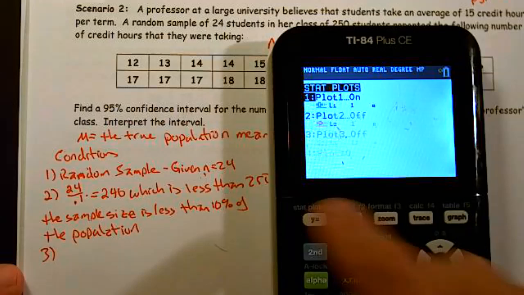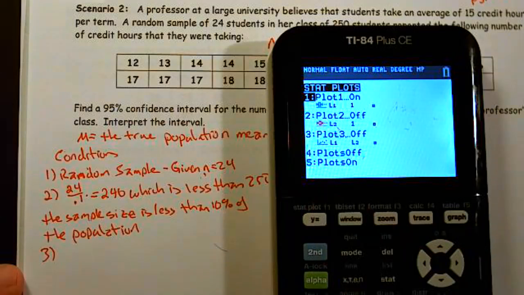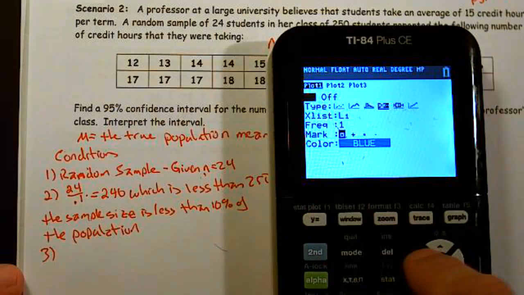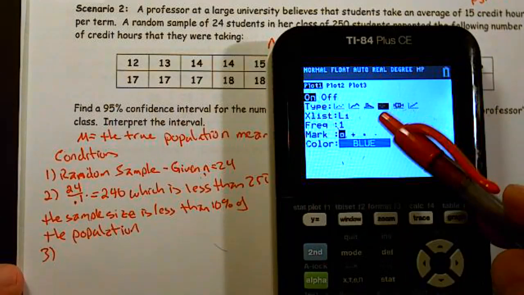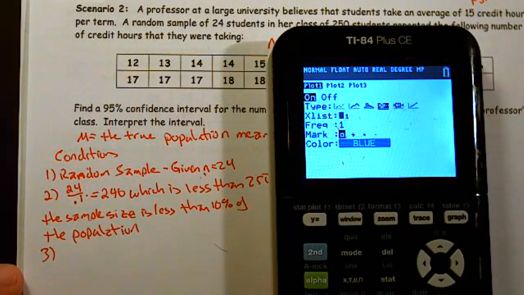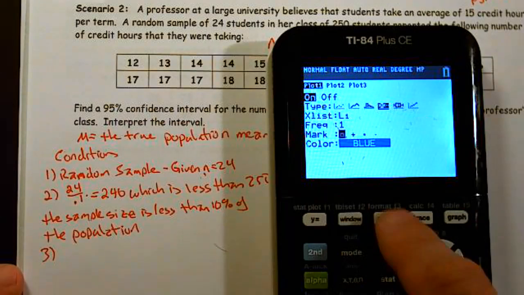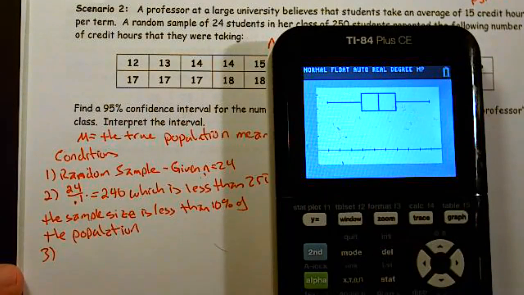And then second stat plot, press enter, arrow to the left to make sure it's on, drop down and select the one that has the outliers, the one with the dots. I stored this data in L1, so second 1. My frequency needs to be 1. And then I press zoom 9. And what I get is a nice box plot that doesn't have any outliers.